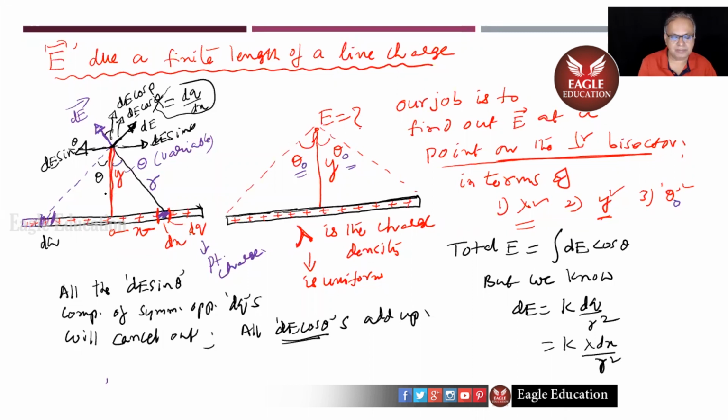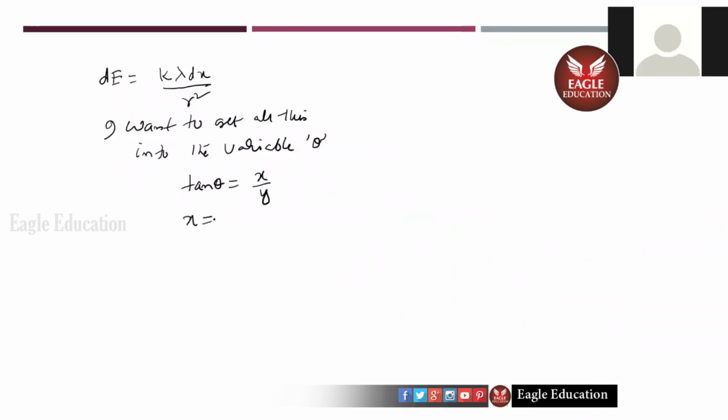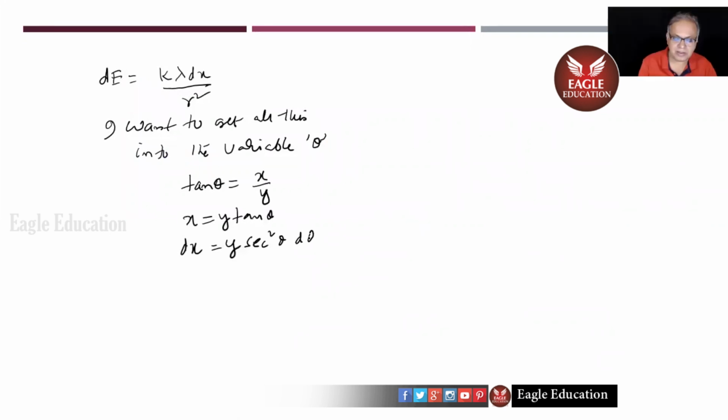X by y. Cos theta is y by r. Will you remember this? So tan theta is x by y. Am I right? Yes, sir. So x equals y tan theta. So dx equals y secant square theta d theta.